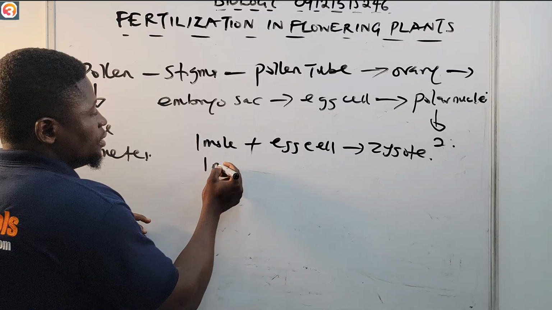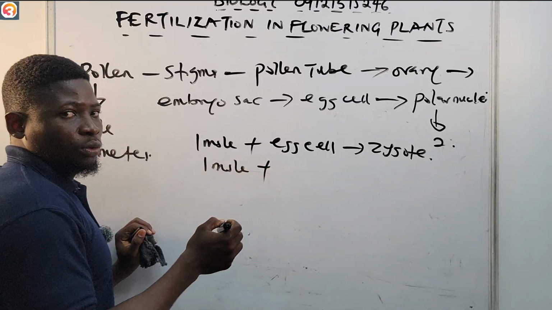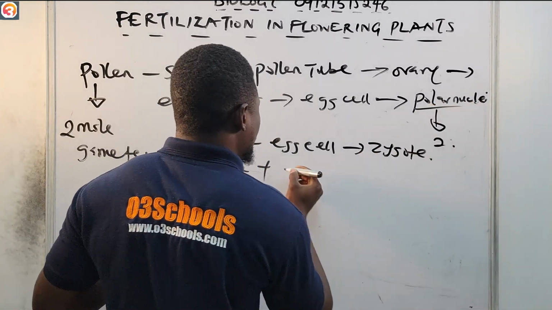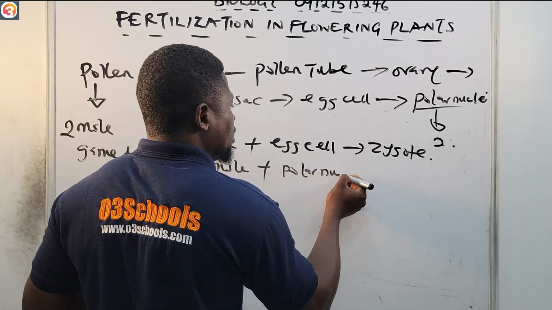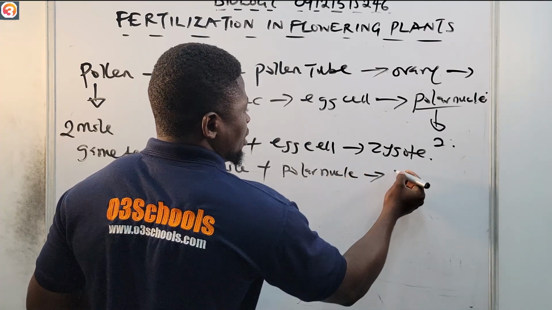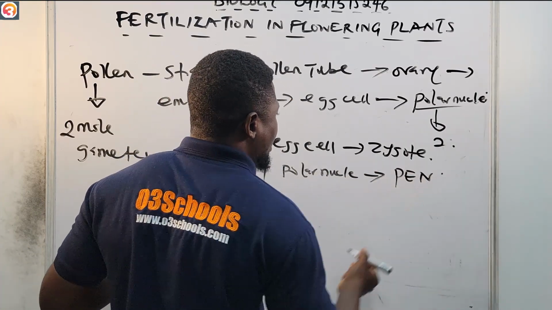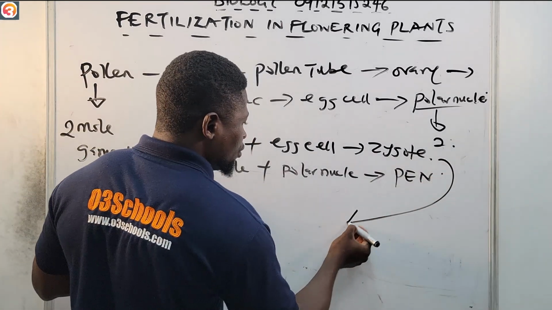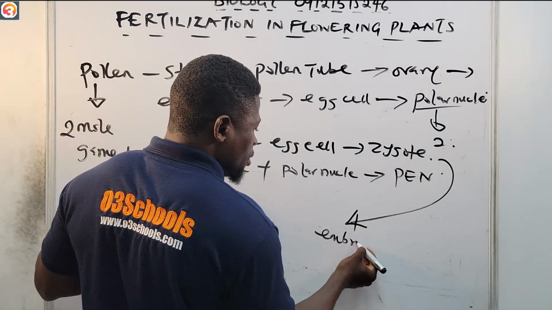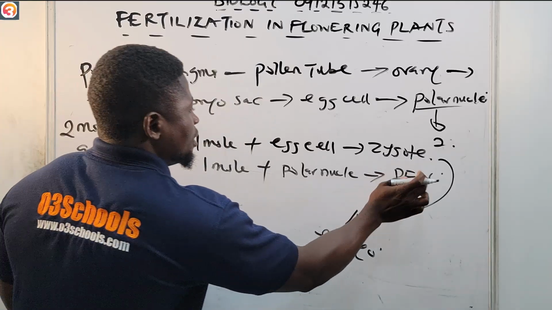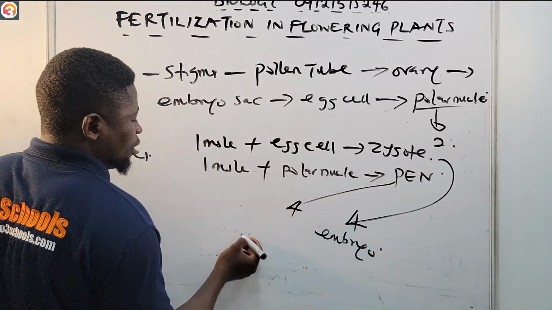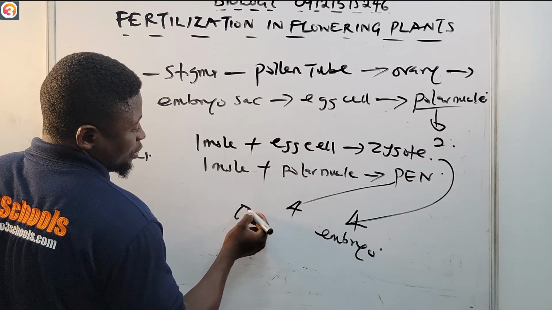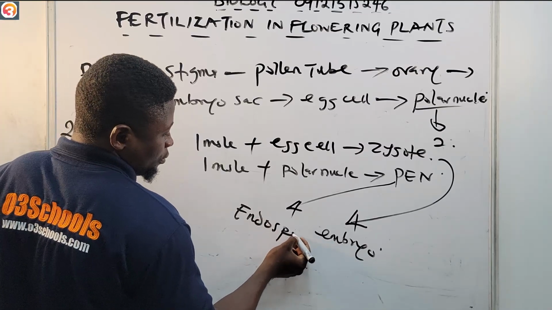The other male gamete will fuse with the polar nuclei, and this will give us the PEN, the primary endosperm nucleus. The zygote will develop to give the embryo, and the PEN will develop to give the endosperm tissue.